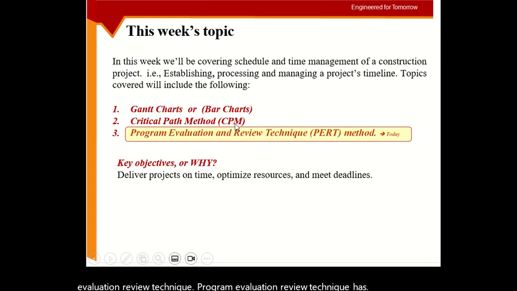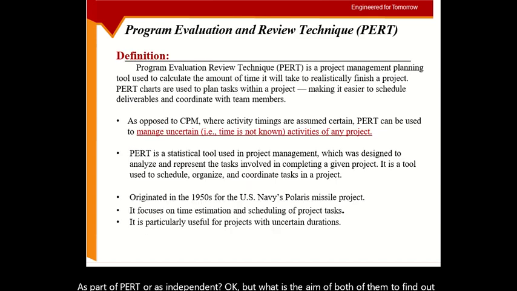So CPM can be used independently or as part of PERT. You can use CPM in both ways. But what is the aim of both of them? To find out the duration of the project.